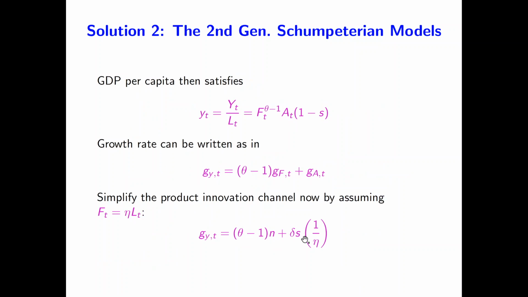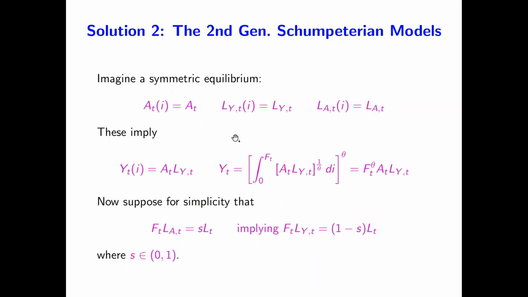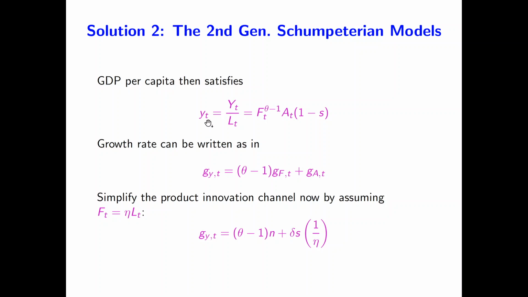Then we can define GDP per capita. All right. So what am I looking at? I'm looking at this. So this is aggregate GDP, right? So I divide both sides of this equation by L_t, right? So Y_t divided by L_t.